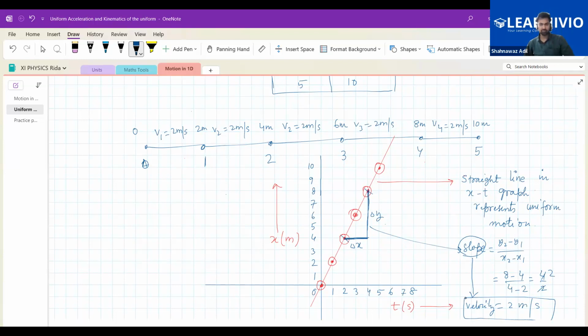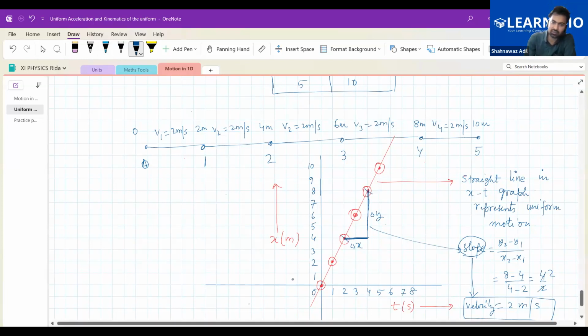So let's talk about the other things. First we have understood that whenever we have an xt graph and we are getting a straight line, let's say I am getting this line, without doing any calculation, you can directly tell what kind of motion this is.